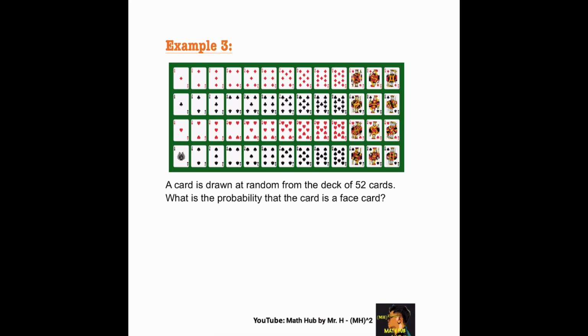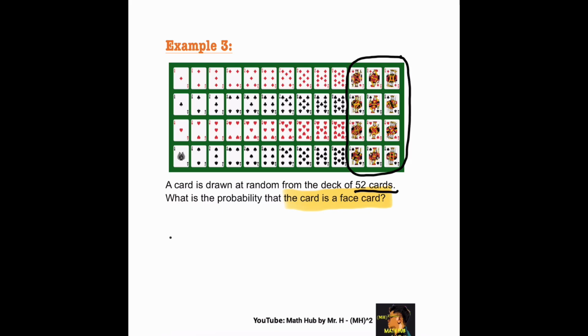So this is obviously the event: the card is a face card. Literally this section right here is what makes up the face cards. And the question already mentioned that there are 52 cards, so you already know what the denominator of the fraction will be.